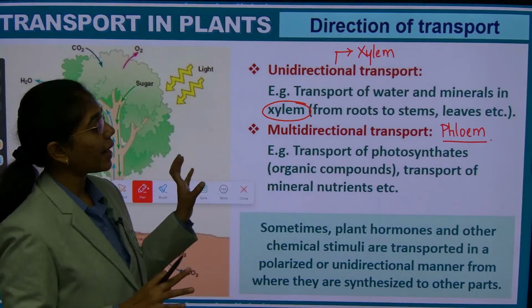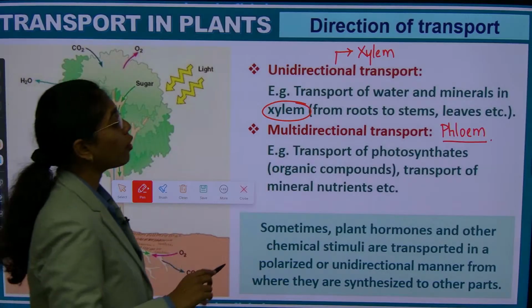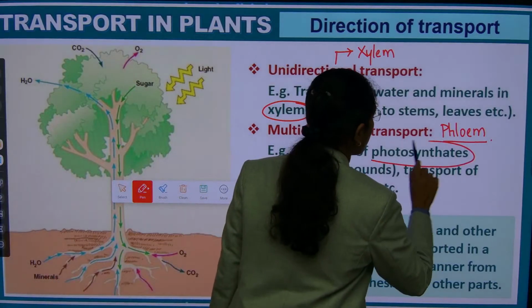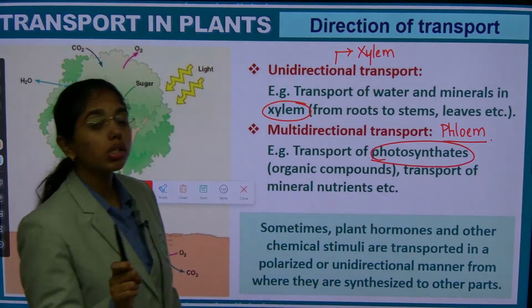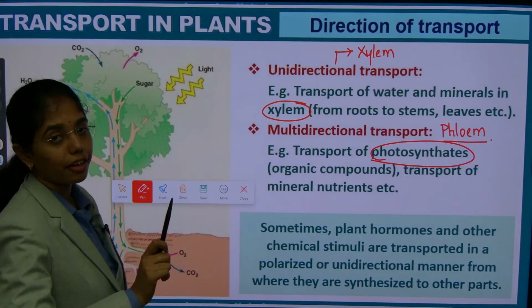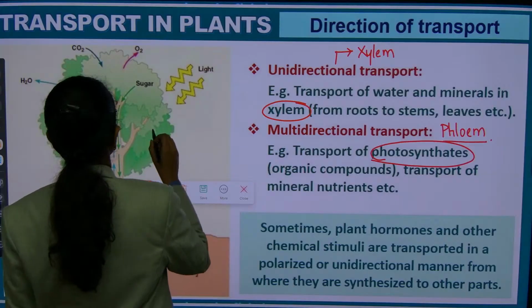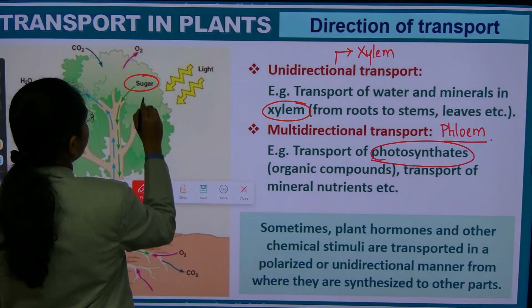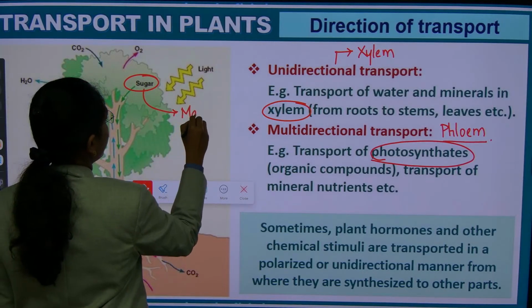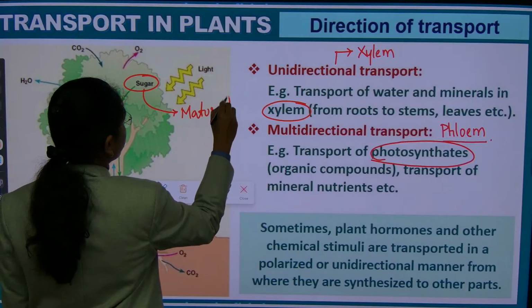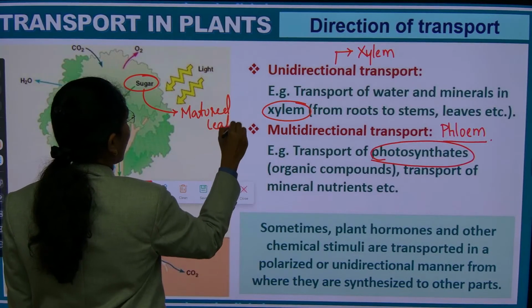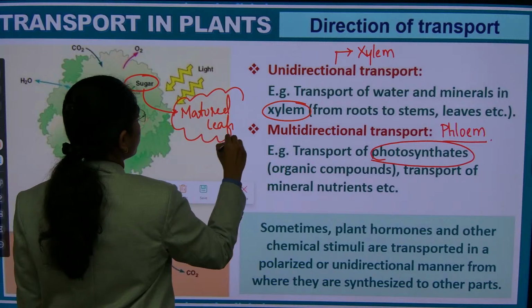Whereas multidirectional transport is the transport of photosynthates from source to sink. Remember, source is always a matured leaf because food is synthesized in a matured leaf. So, sugar, for example, which is formed in a matured leaf, acts as what? Source.